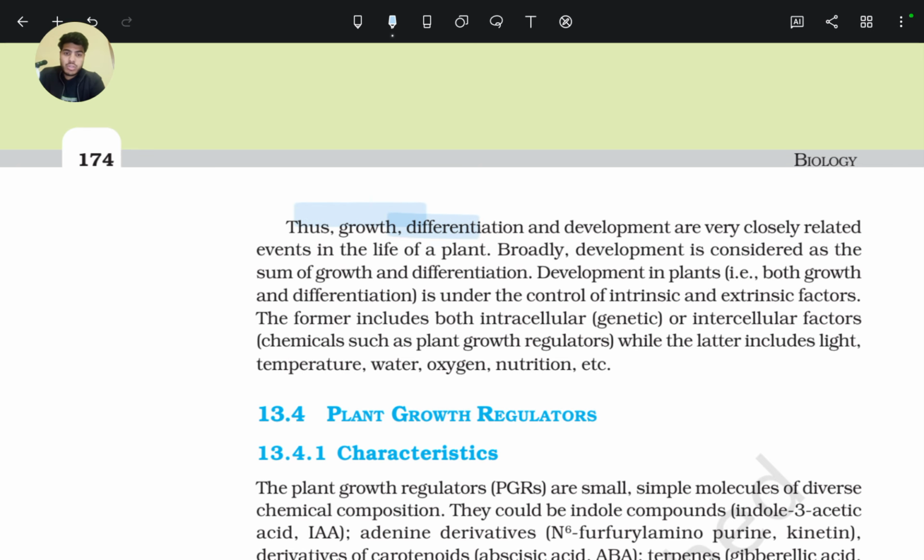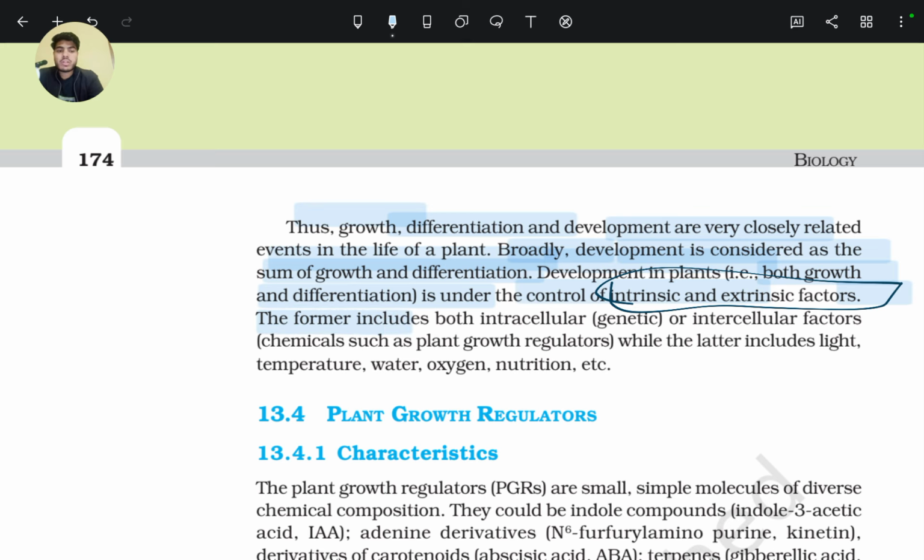Thus, growth, differentiation, and development are very closely related events in the life of a plant. Broadly, development is considered as the sum of growth and differentiation. Development in plants, that is both growth and differentiation, is under the control of intrinsic and extrinsic factors.